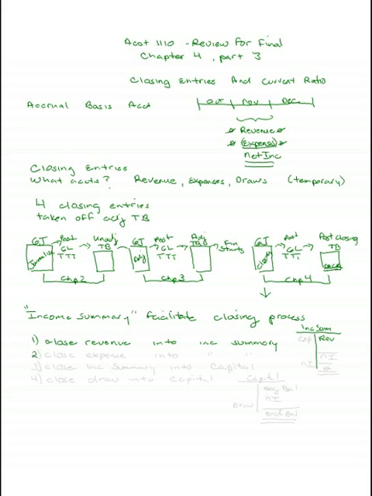The second closing entry you make is to close expense accounts. And expense accounts are closed into, you've got it, Income Summary. So if you close your revenue into Income Summary and you close your expenses into Income Summary, you now have net income sitting in an account called Income Summary.